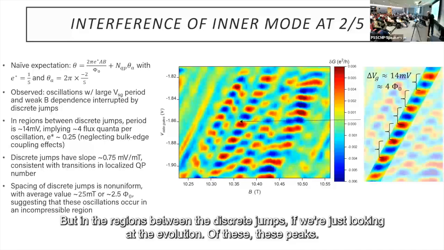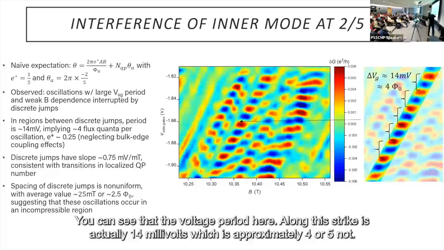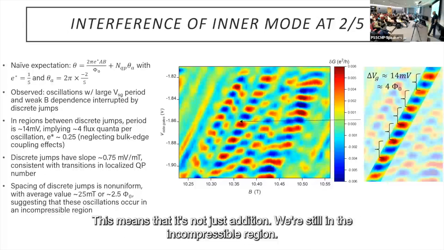But in the regions between the discrete jumps, if we're just looking at the evolution of these peaks, you can see that the voltage period along this stripe is actually 14 millivolts, which is approximately 4 phi naught.